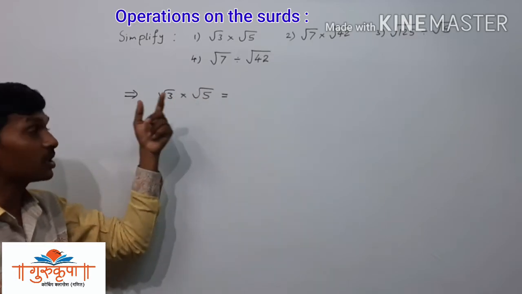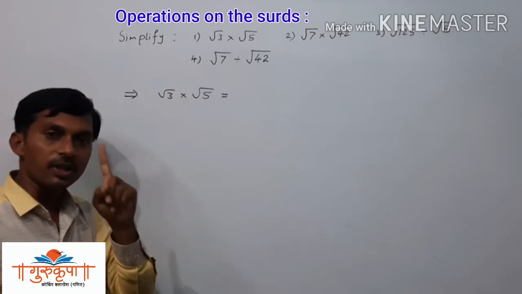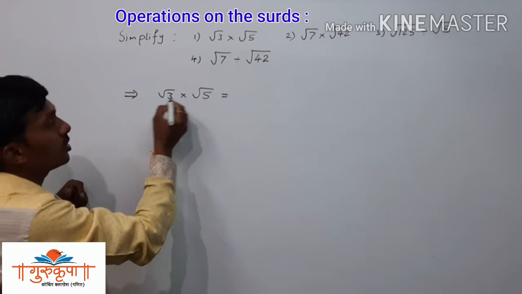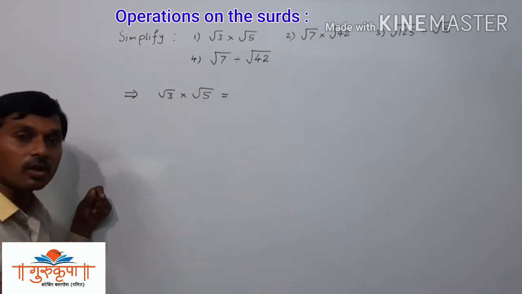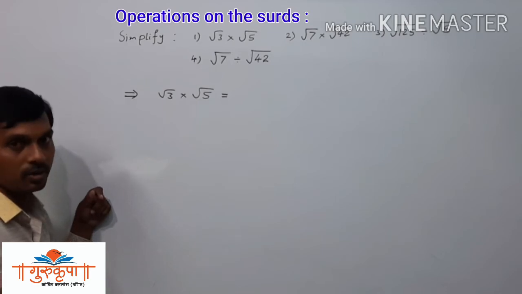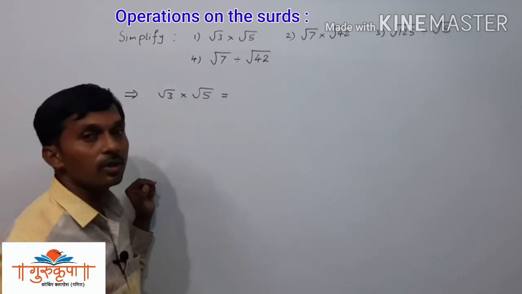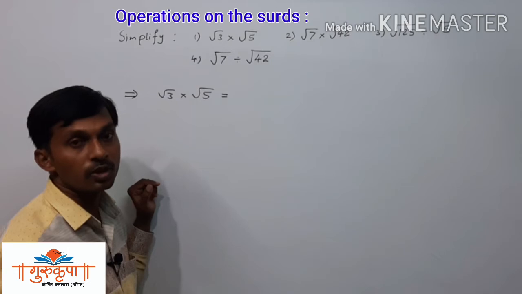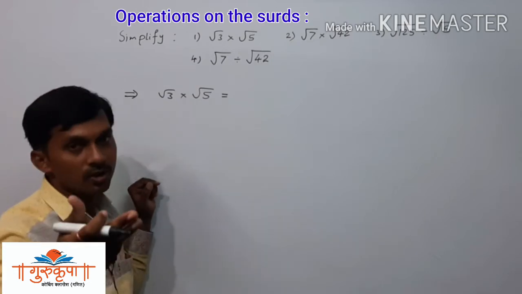But if the given surds are not like surds, still we can multiply. But it is very important that both the surds should have the same order. And if their orders are different, then we are unable to take their product. So first of all, we have to make their orders the same, and then we have to take the multiplication.